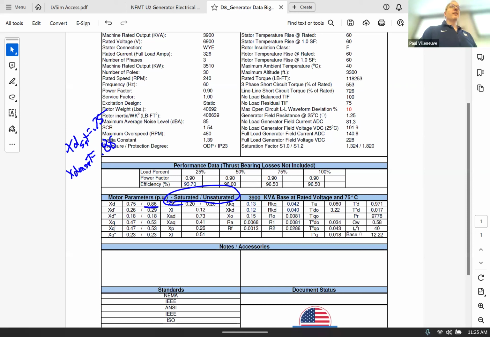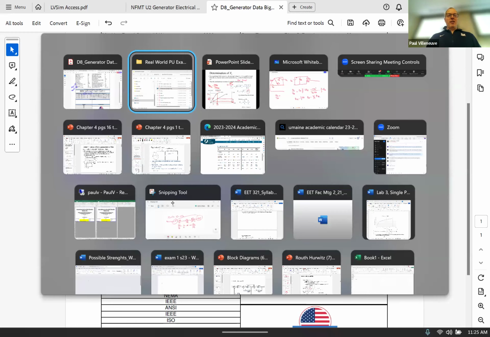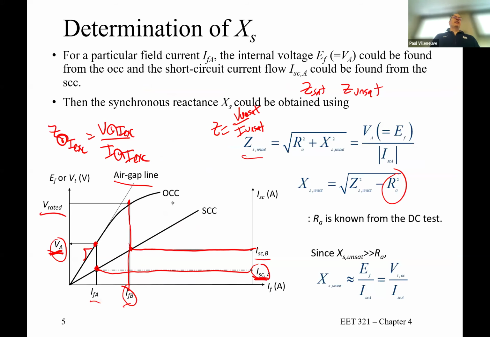Why did they give us both? Well, because if you're trying to do modeling of your generator, you're going to put in your impedance or in your curves, you're going to put either saturated or unsaturated values, and sometimes you put both in your data sheets. So you would include perhaps both parameters.